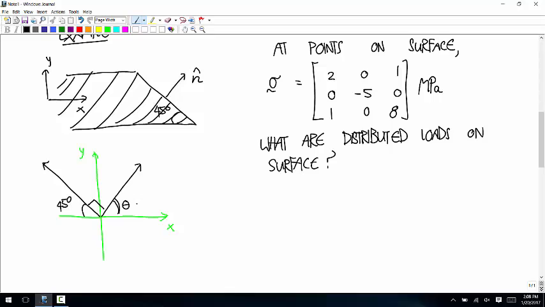So theta is 45. And that means that the outward facing normal is cosine of 45, sine of 45, and we're doing all of these problems in 3D, so this just has 0 z, nothing's happening in the z direction.